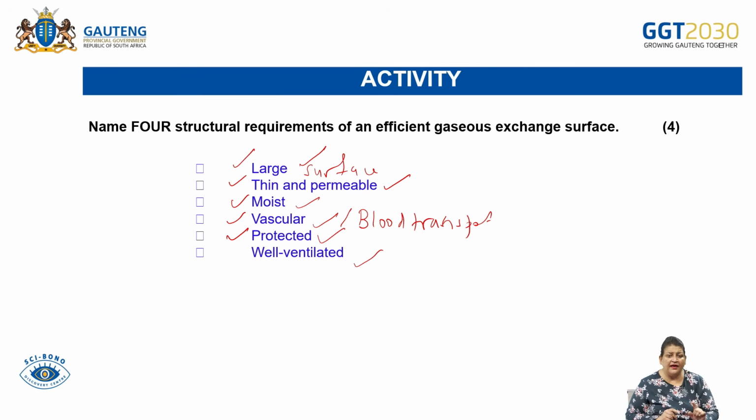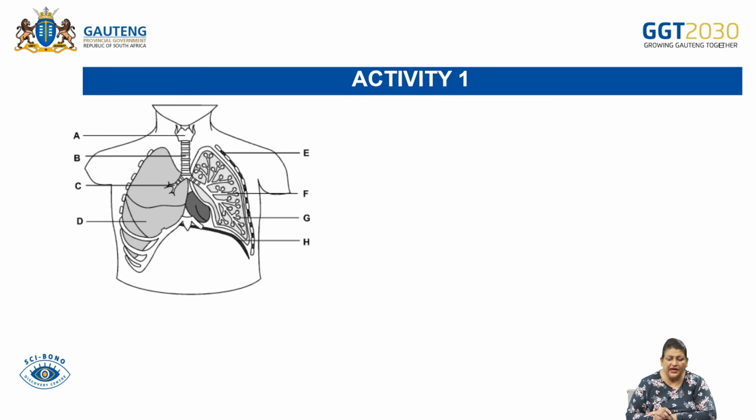So those are the 5 most important requirements for an efficient gaseous exchange system, and it's satisfied in the skin of the earthworm, in the lungs of a human, in the tracheae of a locust, and in the gills of the fish. Okay. So let us look at this question.